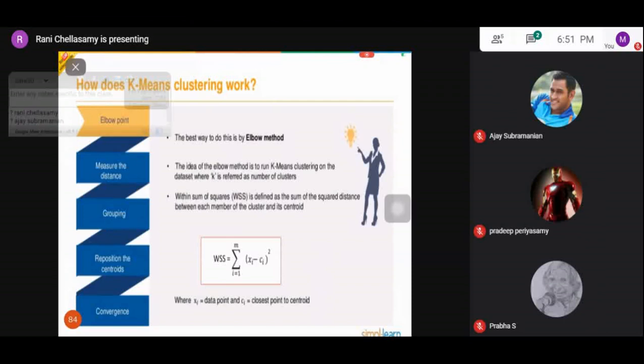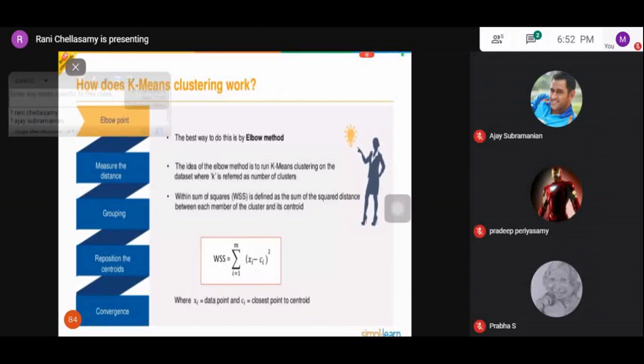With the formula called WSS, that is within sum of squares, which is defined as the sum of squared distance between each member of the cluster and its centroid. So the formula is given. By substituting into this formula, you can find the sum of squares.